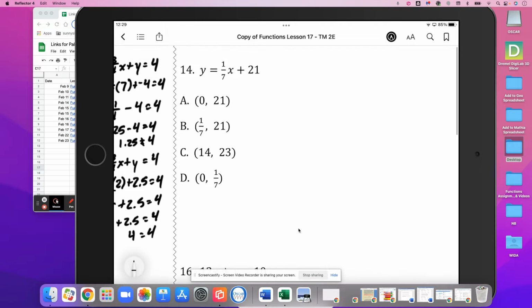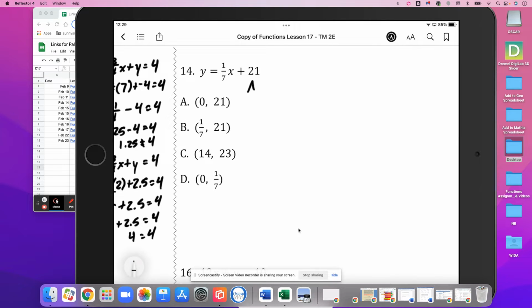All right, number 14. For A, we've got y equals 1/7 x plus 21. Again, our x values on the left, y values are on the right. So 21 is equal to 1/7 times 0 plus 21, which makes it 21 is equal to 0 plus 21. 21 equals 21.